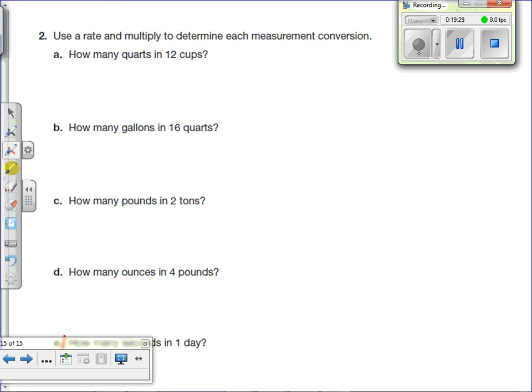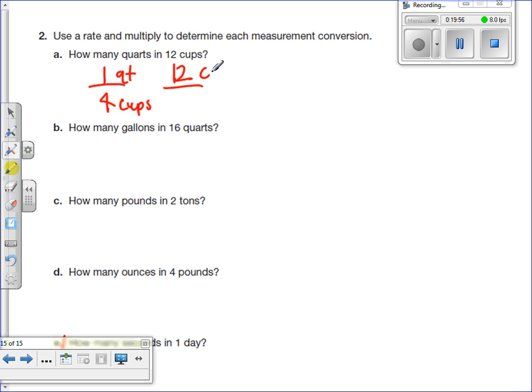Okay, in this very last section, we're going to use a rate and multiply to determine each measurement conversion. So how many quarts are in 12 cups? Well, you should know, or maybe you don't, but you can look back in your table that 1 quart is 4 cups. Right now we have 12 cups.